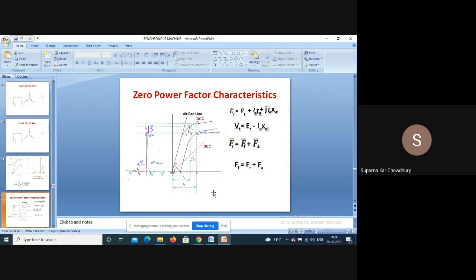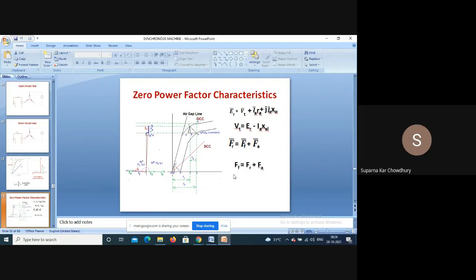And during the discussion of the determination of regulation, we also found that it is not necessary to perform the zero power factor test for the whole range, because from the very definition you can understand that it is very difficult to perform, as we will require a variable zero power factor load.